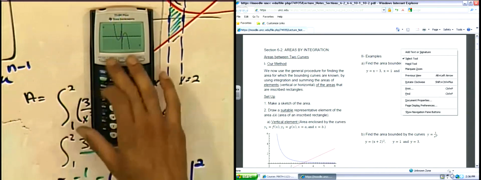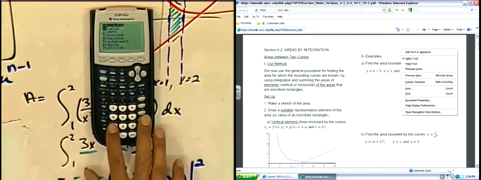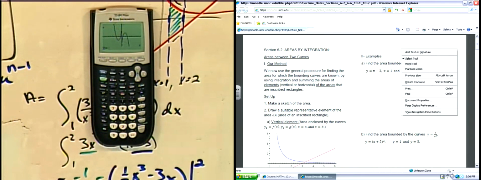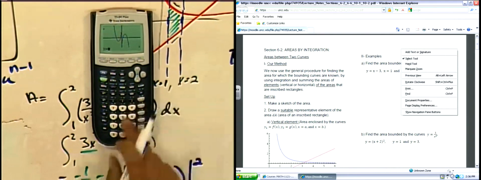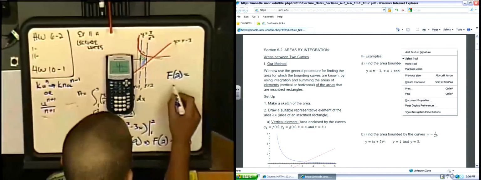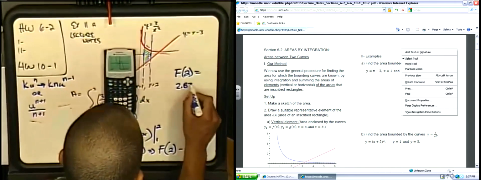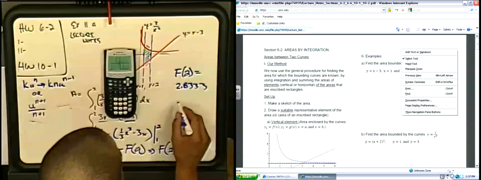That's our antiderivative. Second calc value. You can easily find that f of b, which is 2. So f of 2 equals 2.8333.